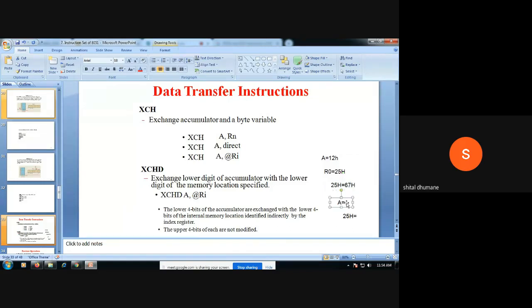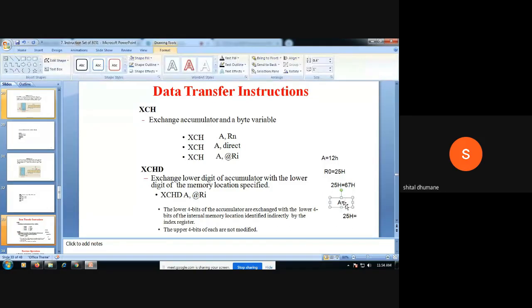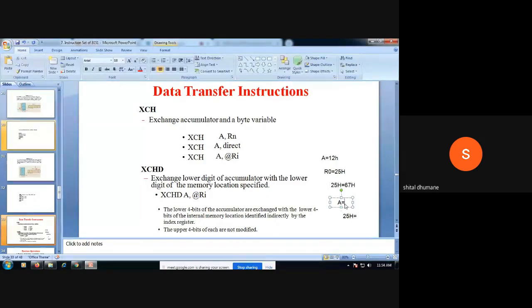So your accumulator upper nibble will remain as it is, 1, and the lower nibble of that memory location's contents will get exchanged, so it becomes 17H. In the memory location, the lower nibble 6 will remain as it is and the 2 will come from the accumulator.